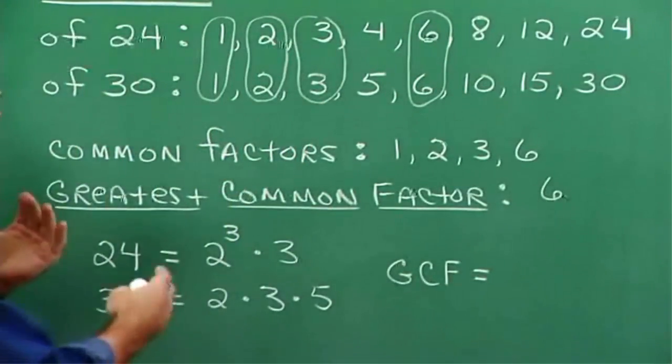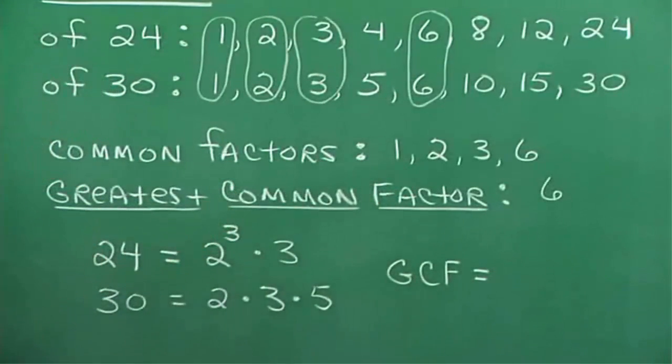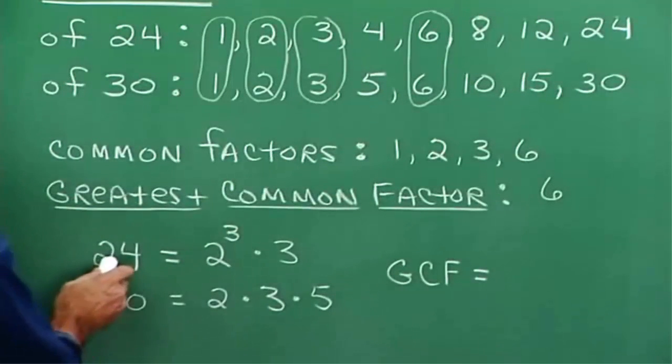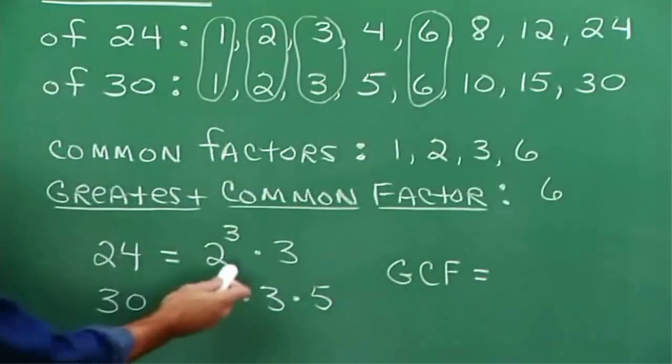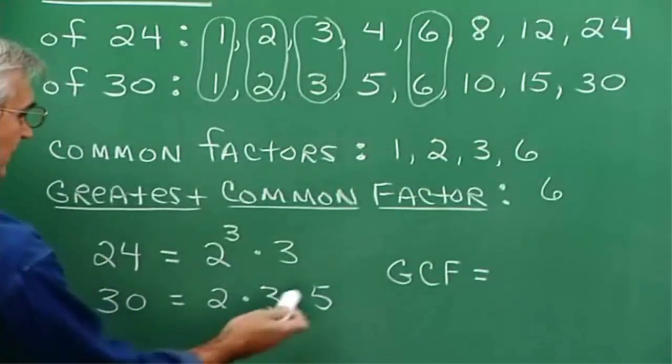Now, once again, there is a way to identify the greatest common factor by using a prime factorization, and here's how that works. For 24, the prime factorization is 2 cubed times 3, and for 30, it's 2 times 3 times 5.